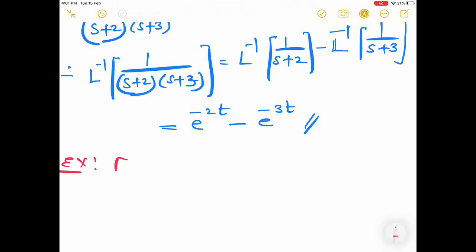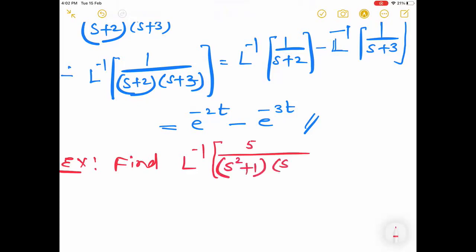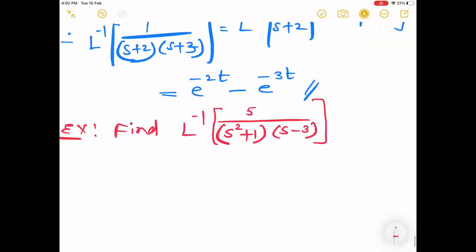Find the inverse transform of 5 upon (s square plus 1) into (s minus 3). Once again, what is the degree of the denominator?